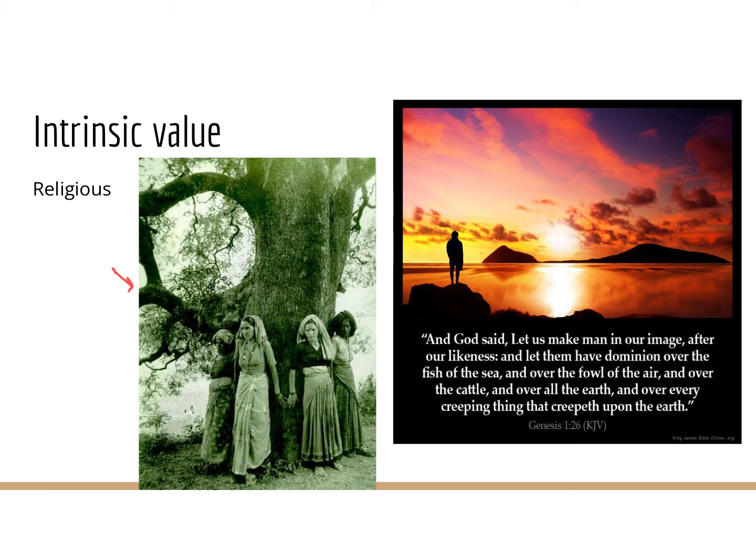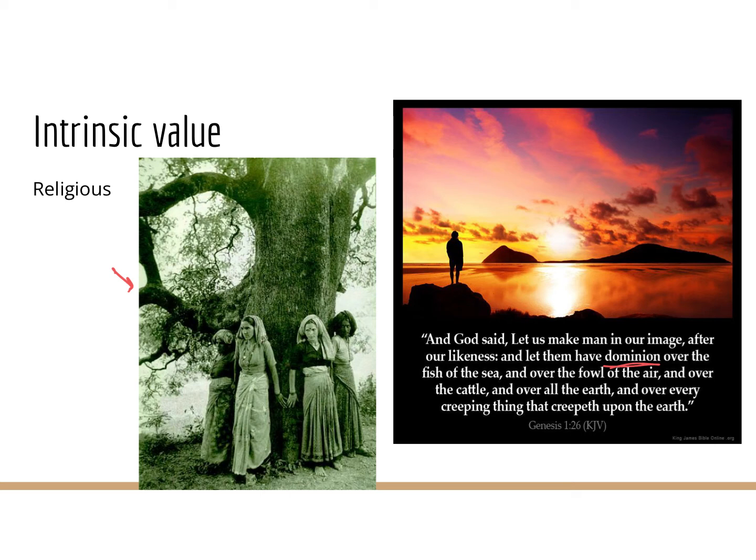In the Christian Bible, there's this one quote: "And God said, Let us make man in our image, after our likeness, and let them have dominion over the fish of the sea, and over the fowl of the air, and over the cattle, and over all the earth, and over every creeping thing that creepeth upon the earth."